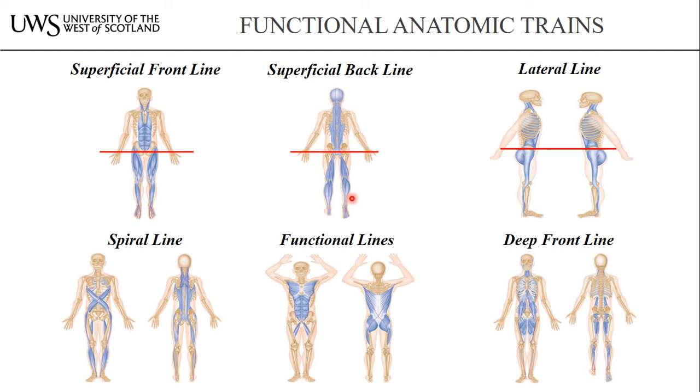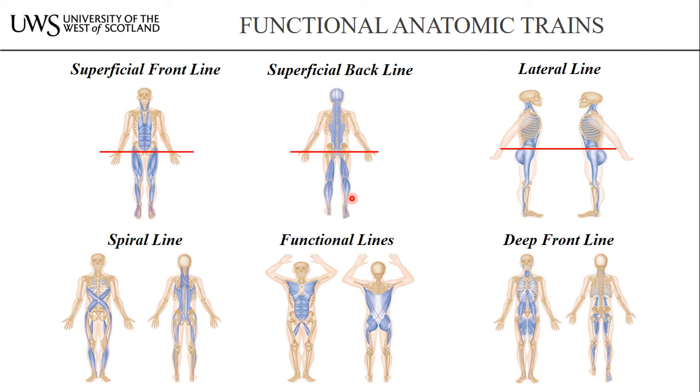From a movement perspective, the function of the spiral line is to mediate oblique and rotational movement patterns, again through a combination of eccentric and isometric contractions.